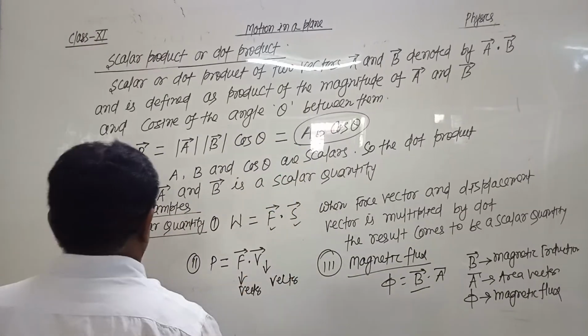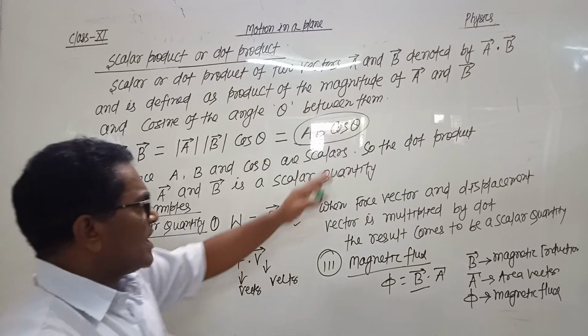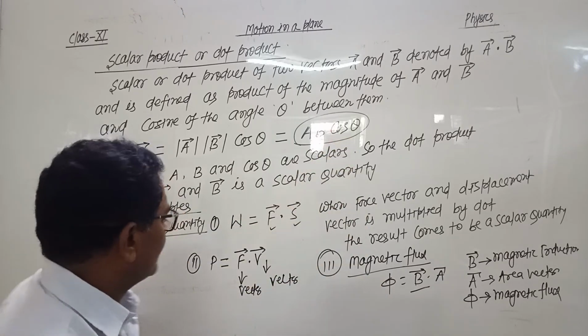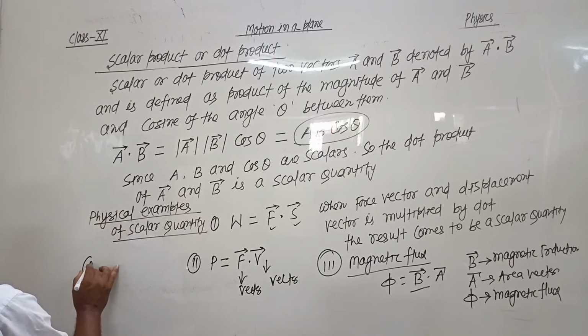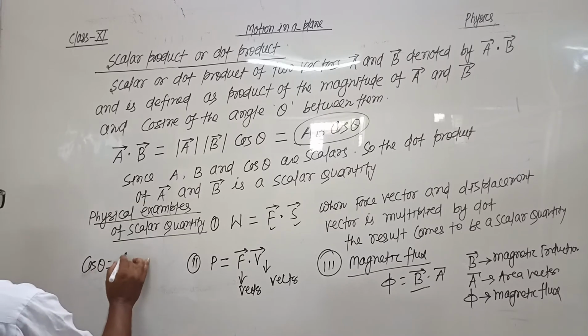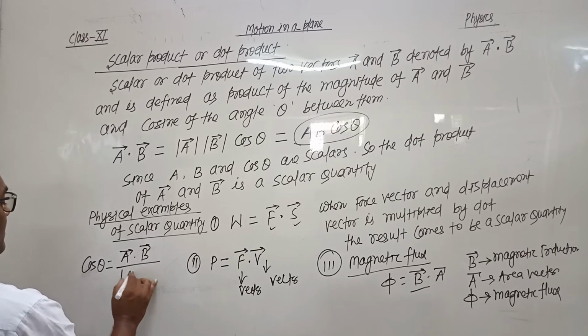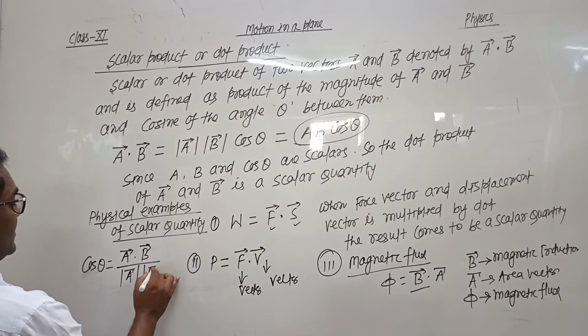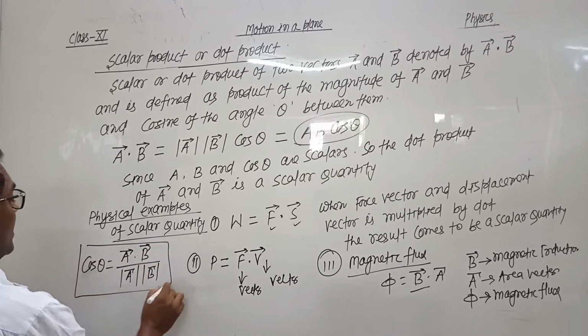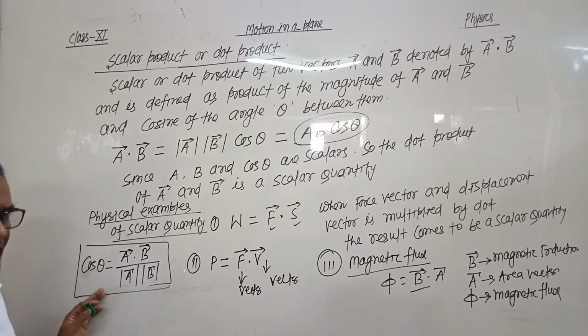Now from this formula, if we want to find the value of cos theta, cos theta must be equal to A dot B, the dot product of two vectors, upon the magnitude of vector A and the magnitude of vector B. This is the formula for finding the cosine of the angle between two vectors, or we can calculate the angle theta when two vectors A and B are given.